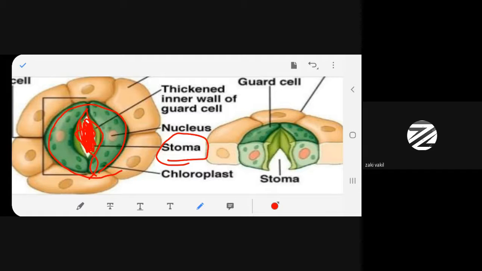Stoma. So the stomata has a stoma inside, which is the opening space. You can see it over here. It is the opening space. So when it is open, only then can you see the stoma. If it is closed, there is no stoma. When the stomata is open, only then can you see the stoma. Otherwise, there is no stoma in the closed stomata.